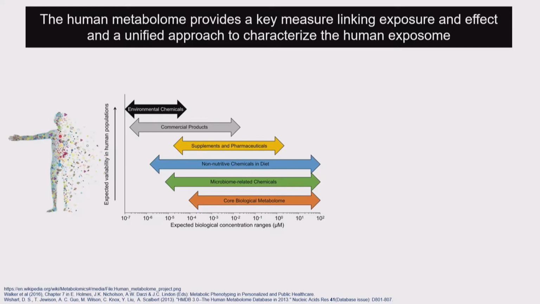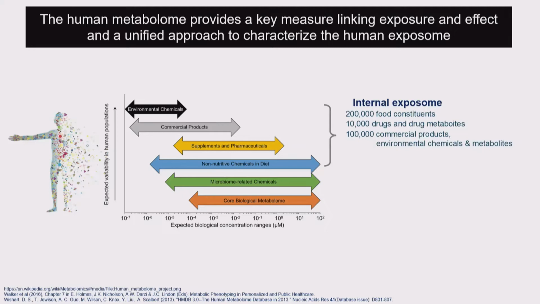So within the metabolome, we have a single measure that allows us to both characterize internal exposures by searching for biomarkers of these exposures within the system, as well as a way of characterizing bioeffect. Because we can measure endogenous metabolites and the pathways they originate from, we can actually characterize biological changes that occur in response to an exposure.